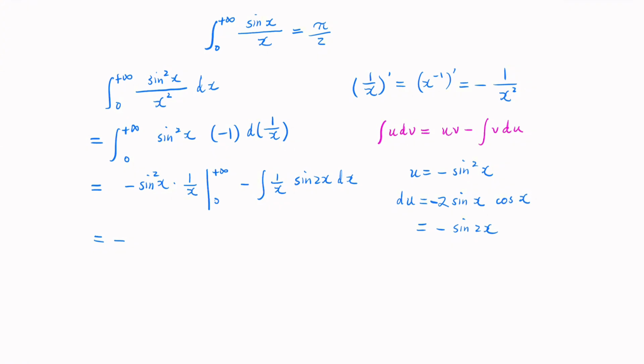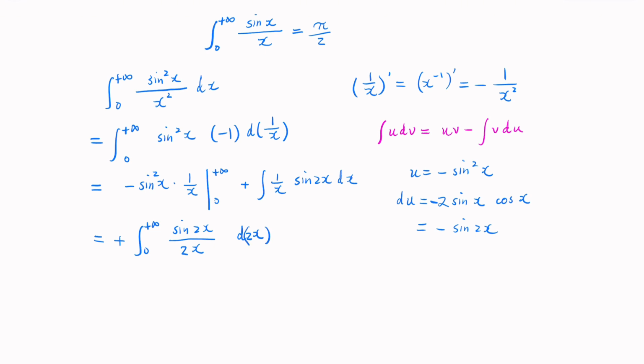There is a minus minus, right? So this is a plus. Integral from 0 to positive infinity, sine 2x over x. But we have sine x over x, right? This is 2x. So you're going to use change of variable again. If you multiply by 2, and here you do this, right?